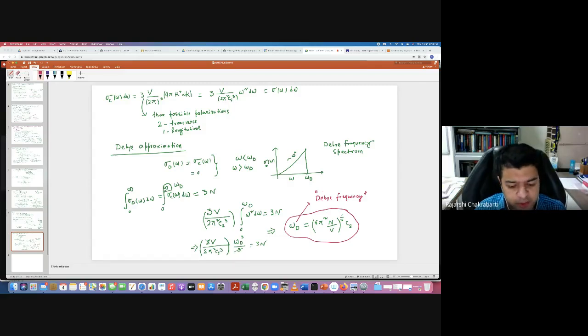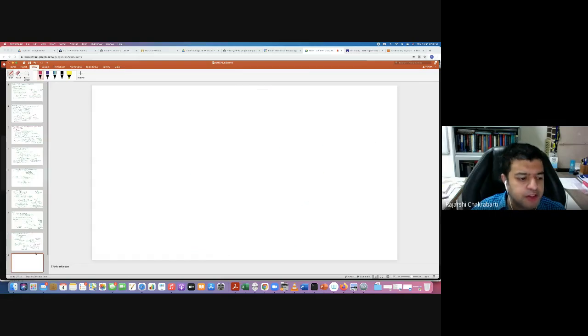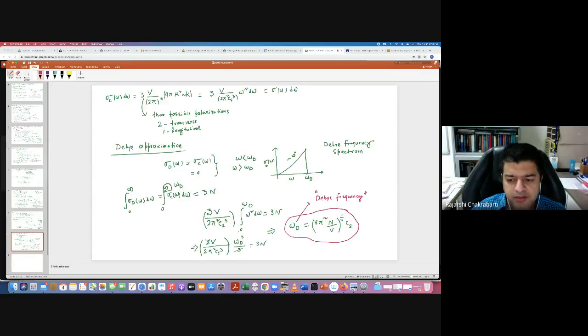Anish, can you check this expression? I think it is fine. Now, how do you calculate the value of omega d? CS, I'm giving you the value, is 5 × 10 to the power 5 centimeter per second.